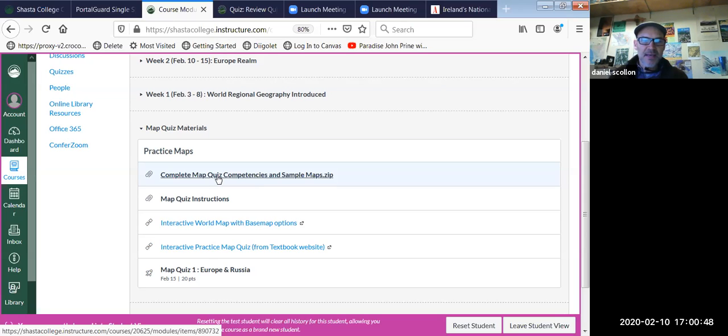Those are the place names, cities, countries, rivers, mountain ranges that you will be responsible for, and then examples of the types of maps that these questions will be based on. So you will have a series of 20 multiple choice questions that will mark locations on a map and give you place names that you need to try to match to those places.